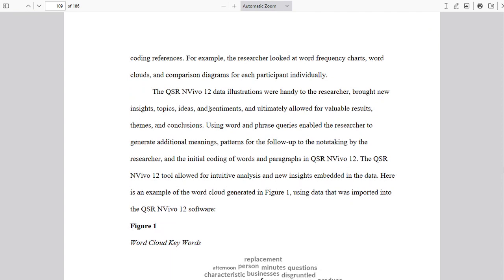And the QSR NVivo brought new insights, topics, ideas, and sentiments, and ultimately allowed for valuable results, themes, and conclusions. Using word and phrase queries enabled the researcher to generate additional meanings, and so on. The QSR NVivo 12 tool allowed for intuitive analysis and new insights embedded in the data.